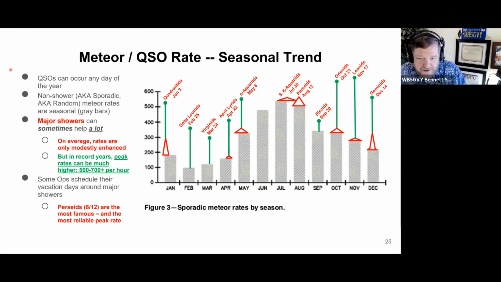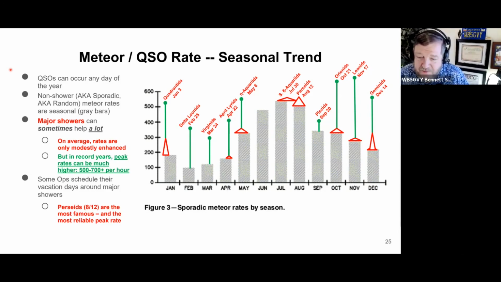The meteor showers that I've tried to abstract in red here can modestly enhance these rates. The triangles were just my crude way of showing the peak addition and the time period, since these don't happen on just one night, although there'll be a night that's the peak.